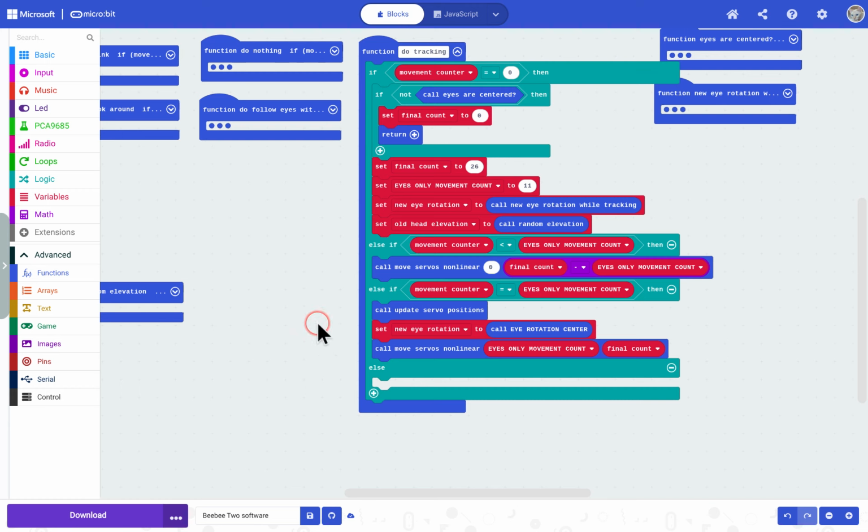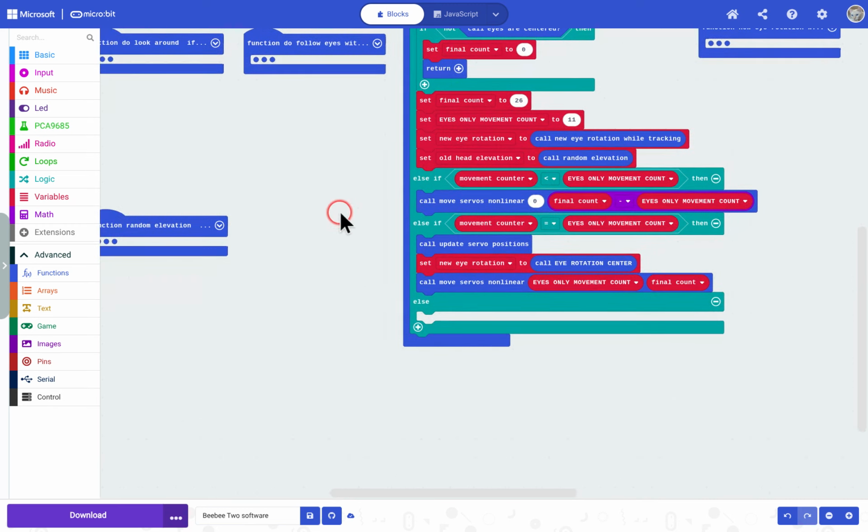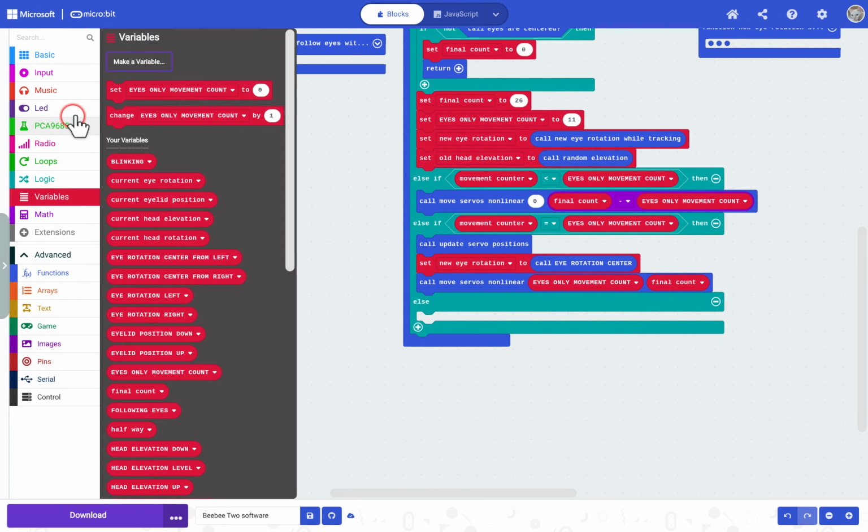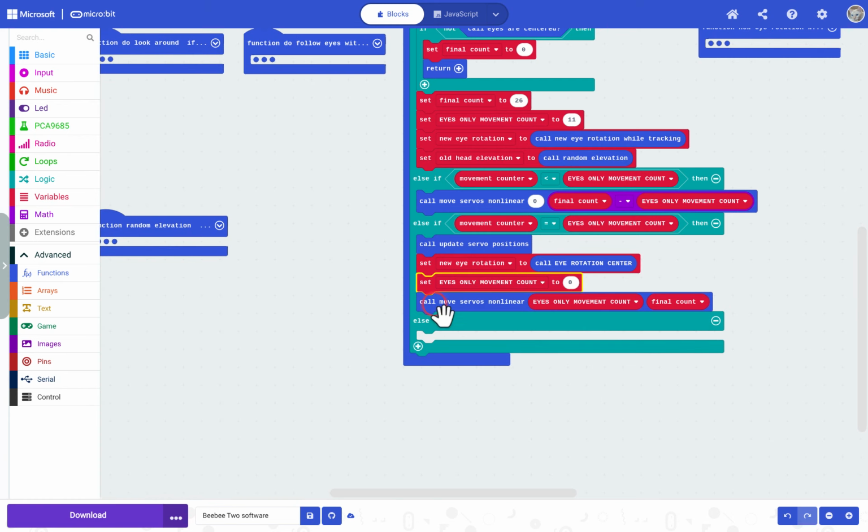Now, we do have to set the head rotation. That's kind of a big thing now. So we've got the eye rotation. Elevation is already set.